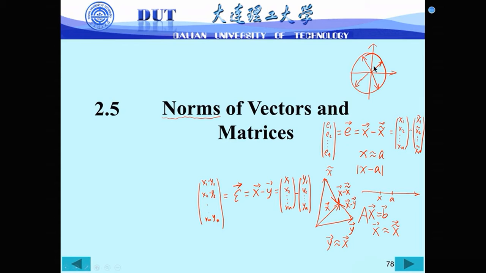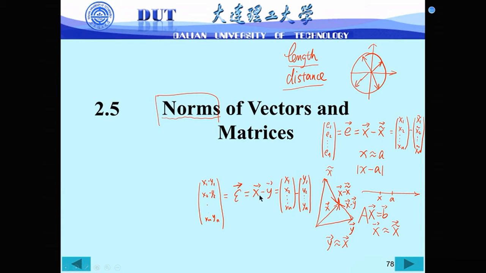So we cannot compare them. We can only compare the length or the distance. Now we use norms to generalize the length or distance for vectors or points. So you should understand the topic of this section.